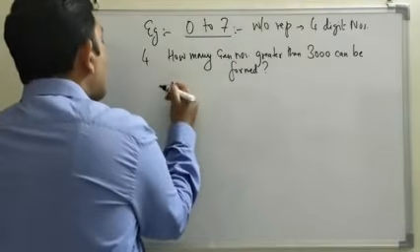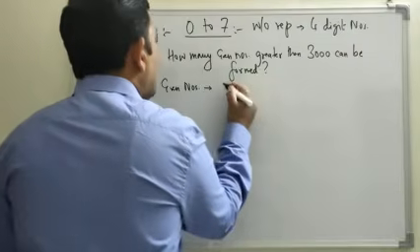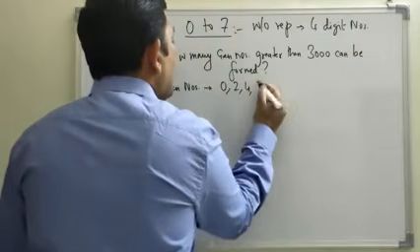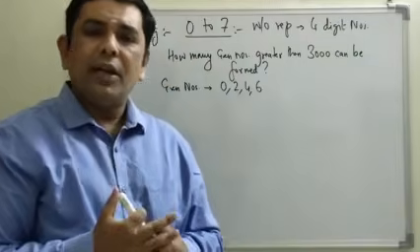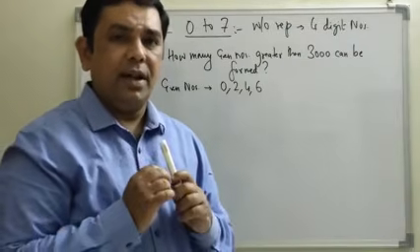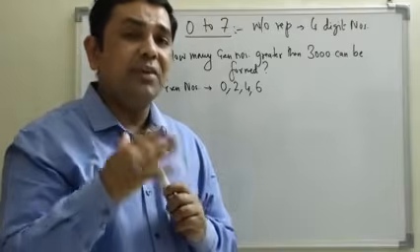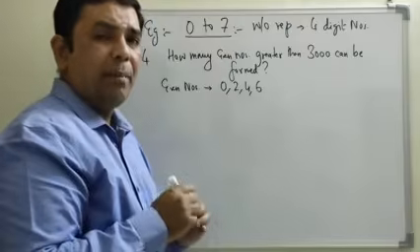Now for an even number to form, we say that the last digit should be 0, 2, 4 or 6. Now something interesting has happened in this question. I don't know how many of you have observed it, but something interesting has happened. And what is that interesting part?